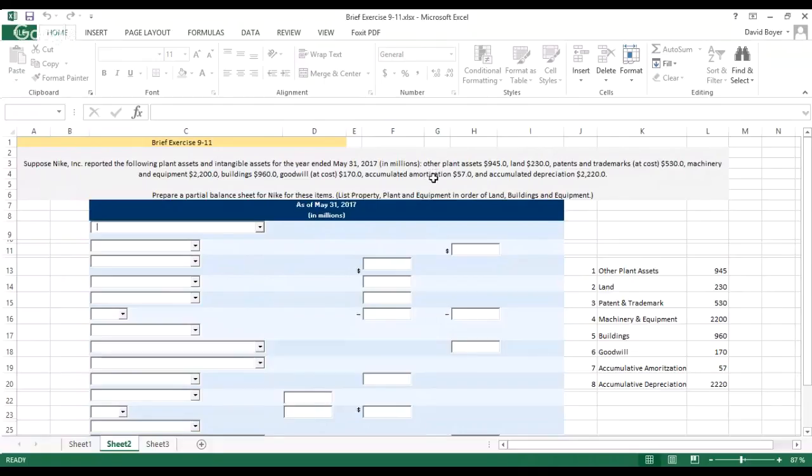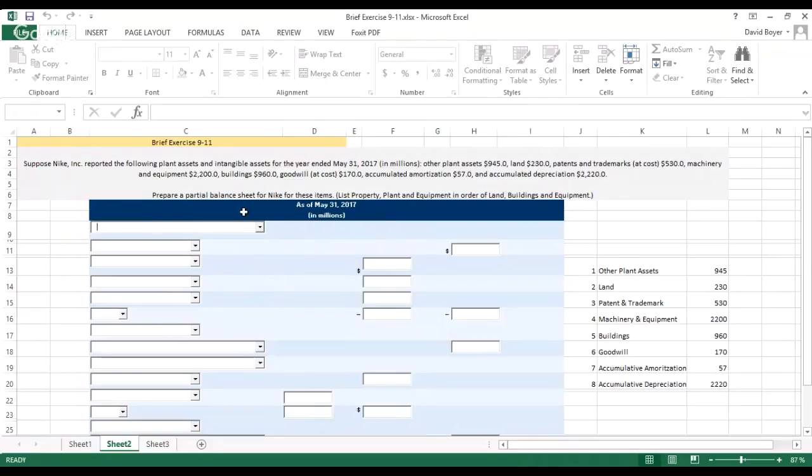Other plant assets $945, land $230, patents and trademarks at cost $530, machinery and equipment $2,200, buildings $960, goodwill at cost $170, accumulated amortization $57, and accumulated depreciation $2,220.